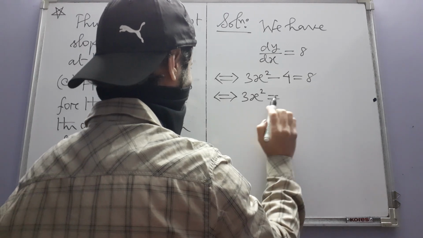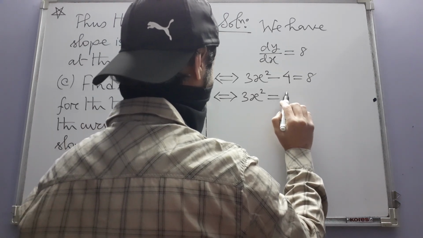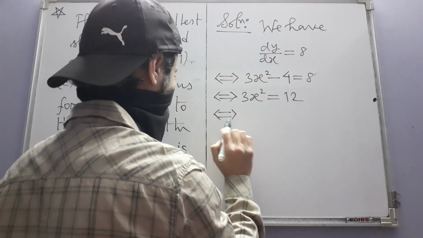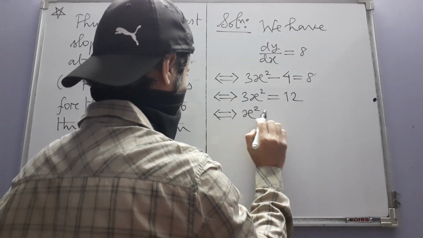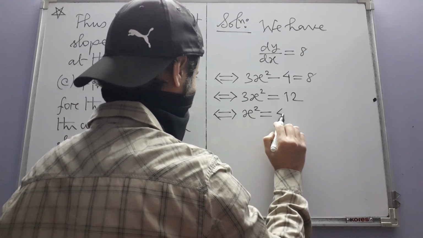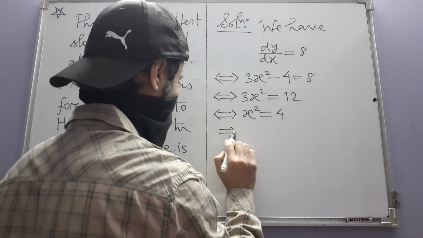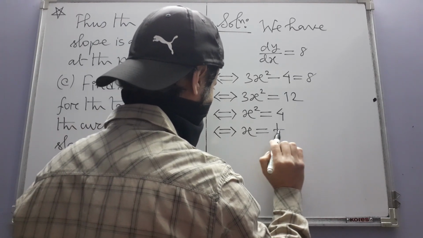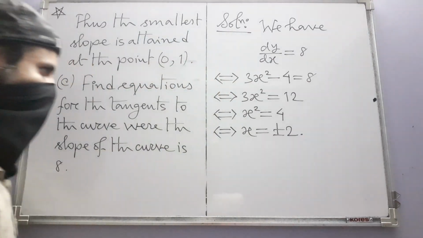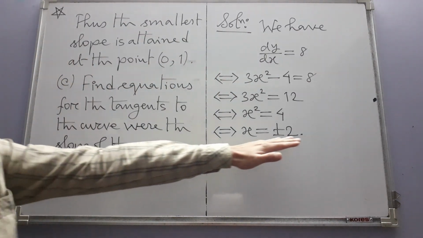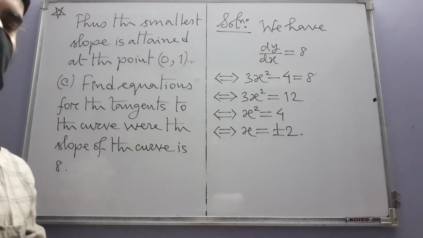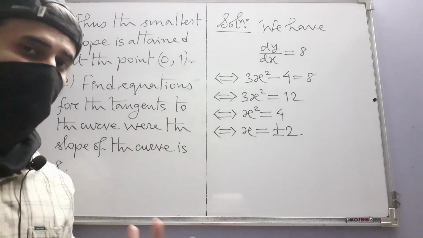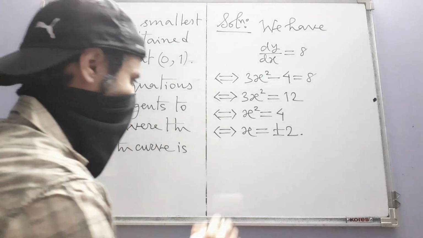So adding 4 to both sides we get 12. Dividing both sides by 3 we get 4. So you see we do have two positions, two values of x for which this thing happens. So correspondingly there will be two values of y as well.